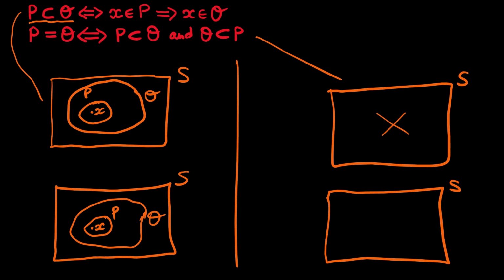But on the right side, let's just draw what it means for P to be a subset of Q. So let's set P here and a set Q. So P is a subset of Q. Now let's think about what other condition would need to hold in addition to the fact that P is a subset of Q for us to be able to say that P is actually equal to Q. And notice that that other condition that we need to hold is that Q is a subset of P as well.